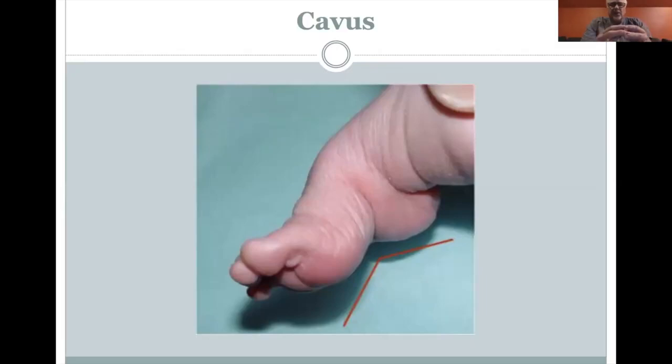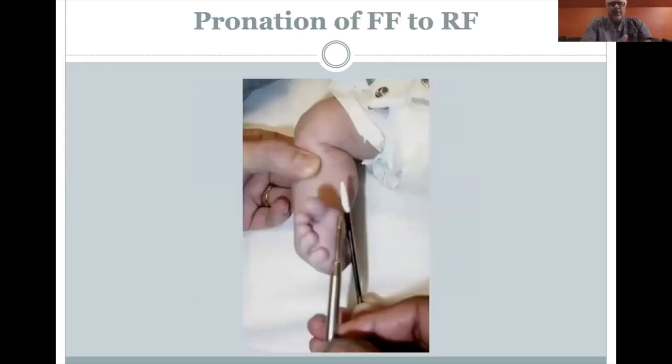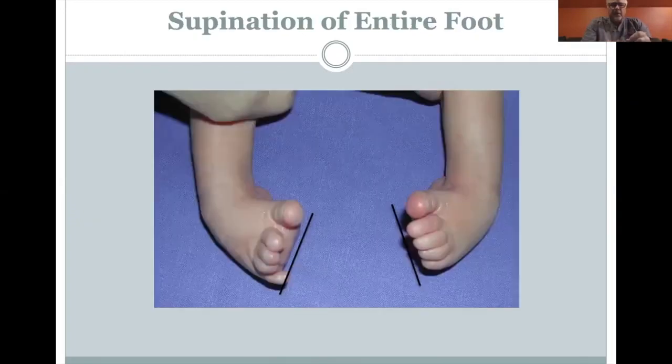This is demonstrating that with these pens. You can see how the forefoot is pronated relative to the hind foot. And then there's supination of the entire foot. Yes, the forefoot is pronated to the rear foot, but the whole foot as a unit is supinated.